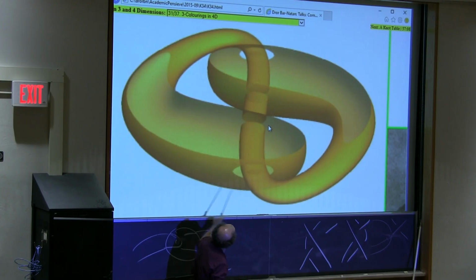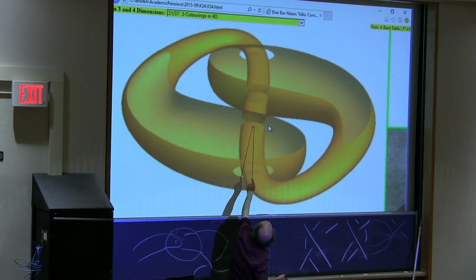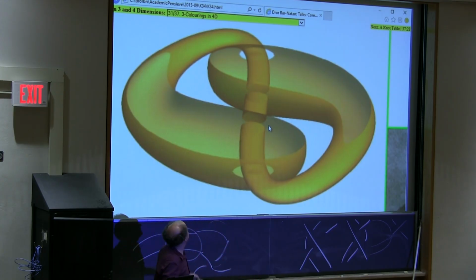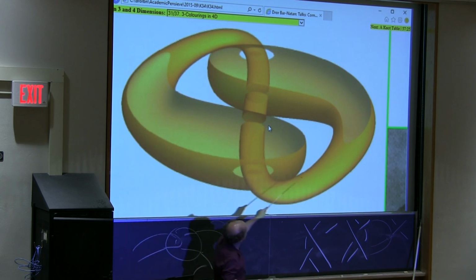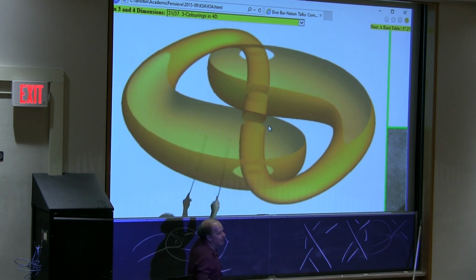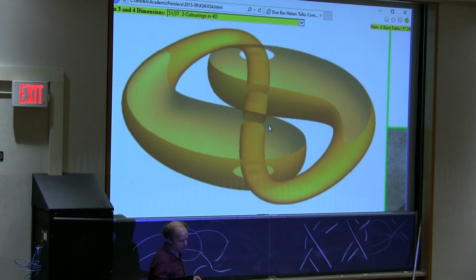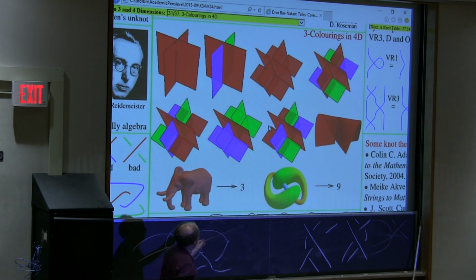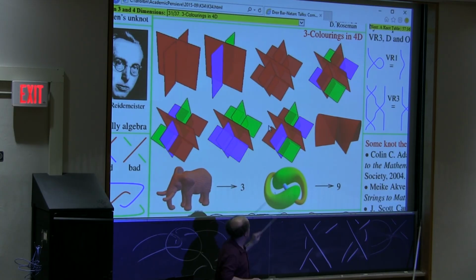Since this one was red and this one was blue, the disc must be green. And if you keep going through, this one is blue still, and this one is red, so this sort of cylinder in the middle must be green too. So basically I can choose this to be whatever I want, I can choose this to be whatever I want, and the rest is determined, so the total number of colorings of this shape is 9. So this is not the same as that.